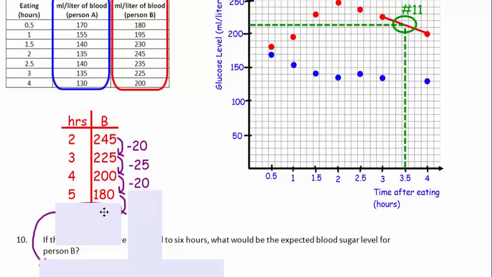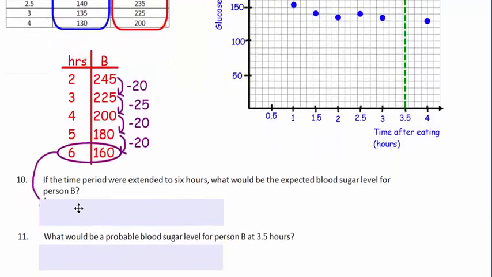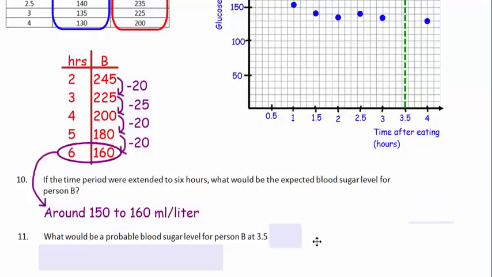So then after 6 hours, it's pretty reasonable to say, yep, we're going to be at 160, just using kind of an average here. Okay, it's not an exact science. So if you subtract 25 every time and went down to maybe 150 here, that would be perfectly acceptable. So don't worry too much there. So I put anywhere between 150 to 160, but use your units, milliliters per liter.